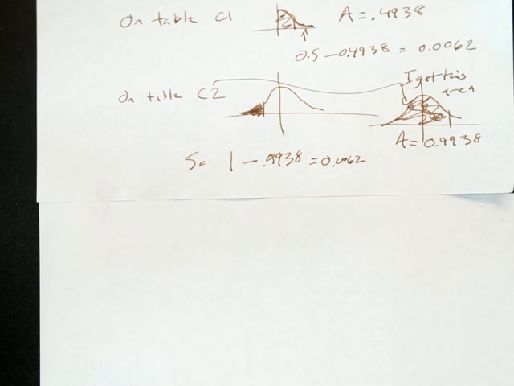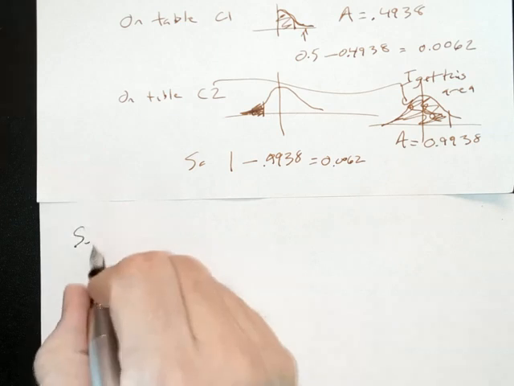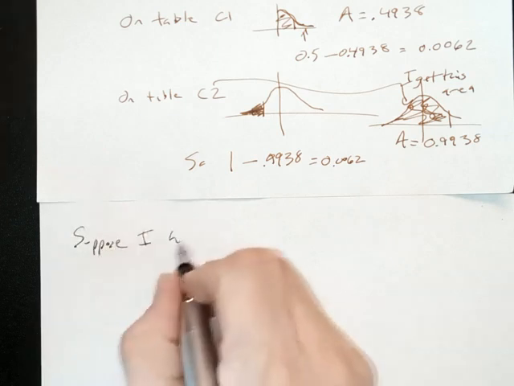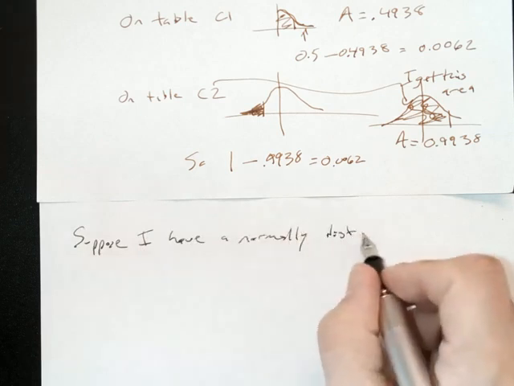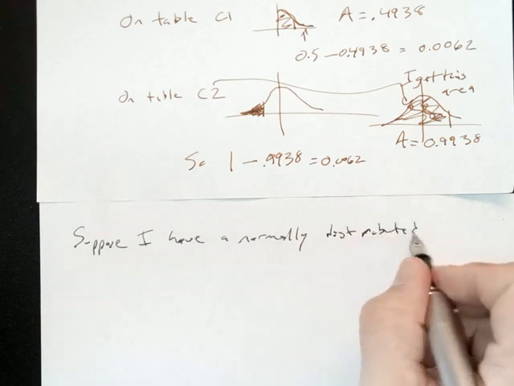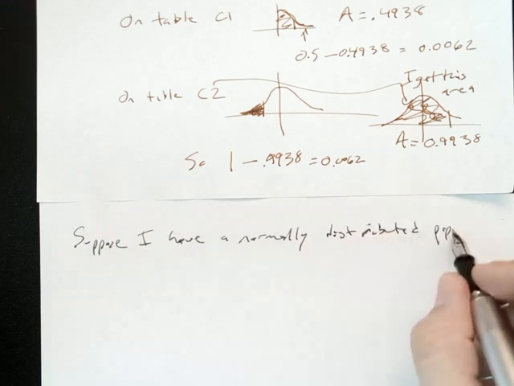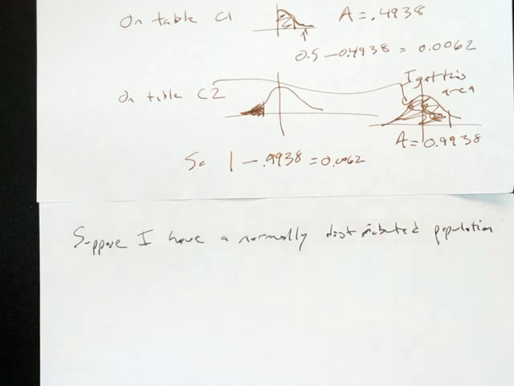If I know that I have a normally distributed population, then I can ask about what values are the cutoffs for the top however many percent.